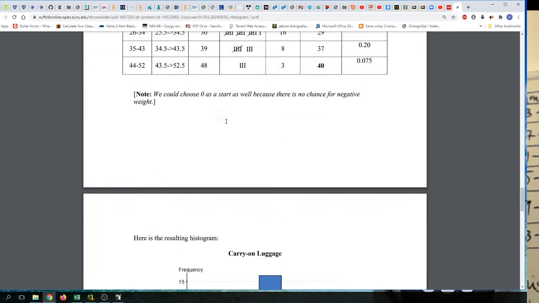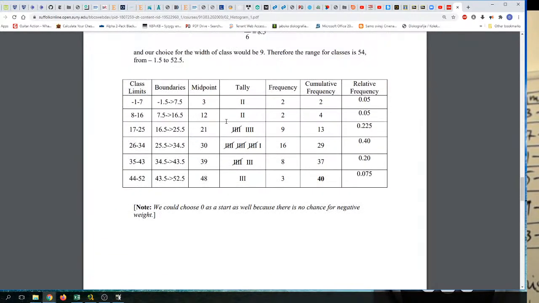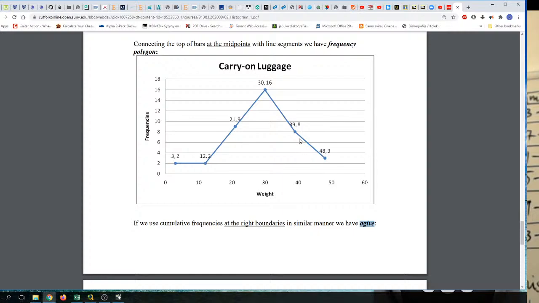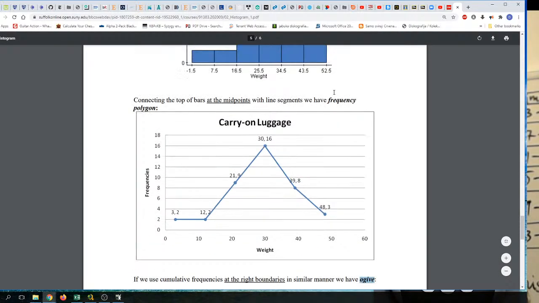So you'll find out, and eventually you will have to draw something by using some software. So do that. But if there's any question about the frequency polygon, this kind of curve, it's associated with the histogram. It has something to do with the histogram.